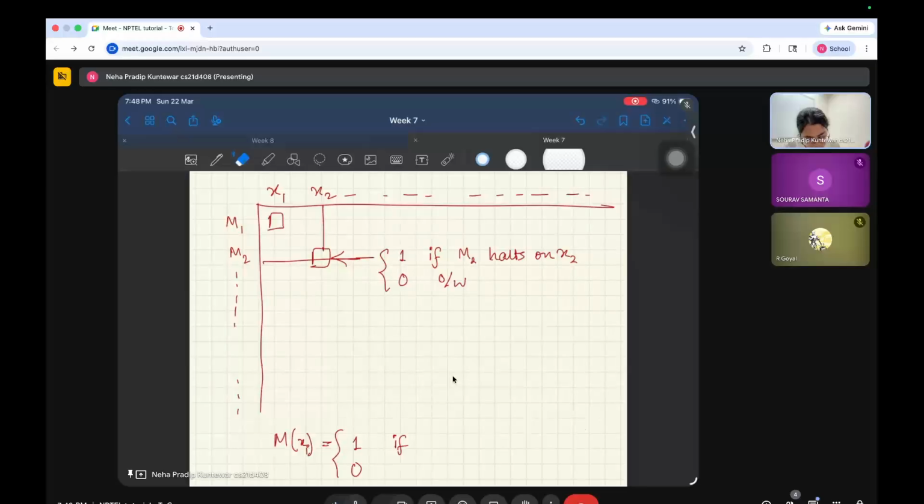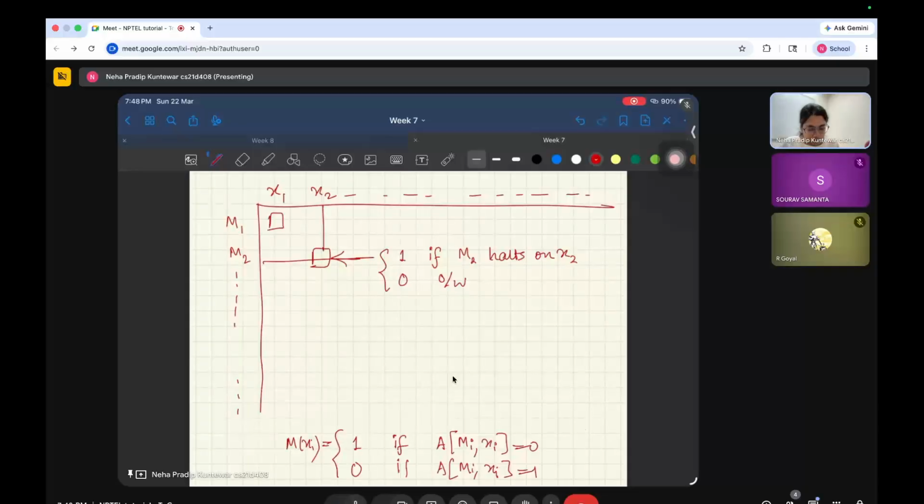Let me just call this matrix A. So m on xi is as follows.